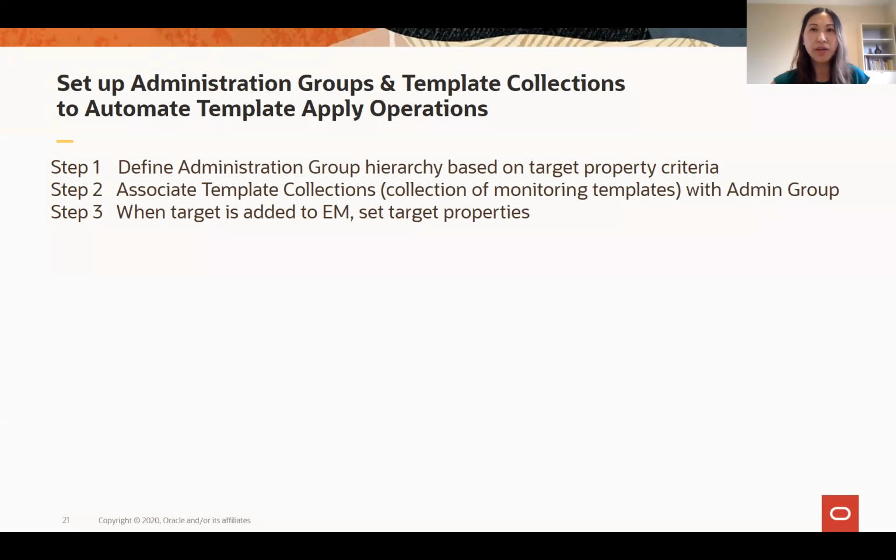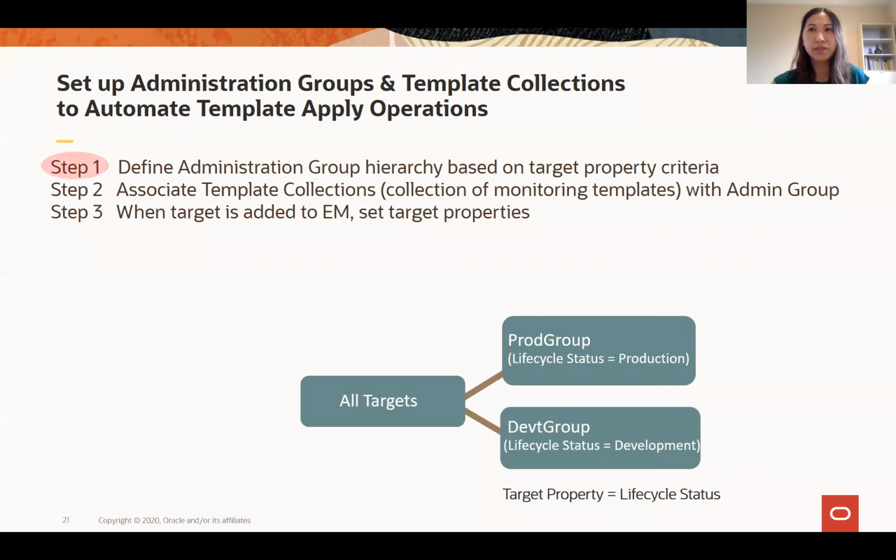And the way you go about it with administration groups is, first, you define the administration group hierarchy based on the target property criteria. In this example, we have two administration groups based on their lifecycle status target property.